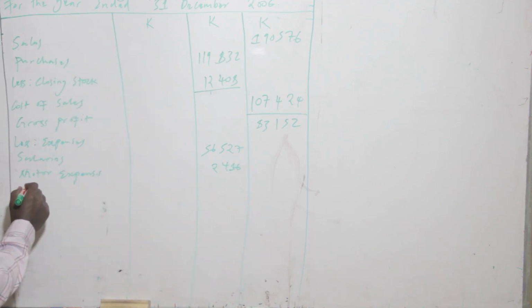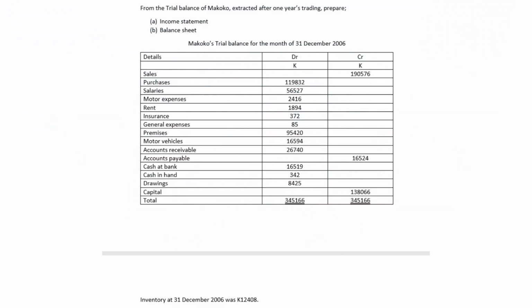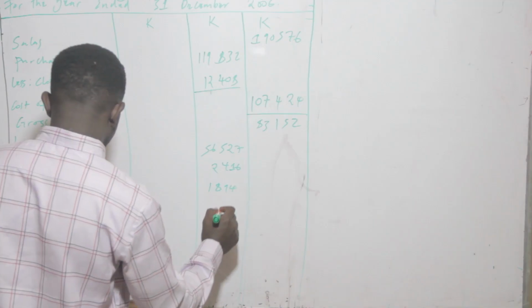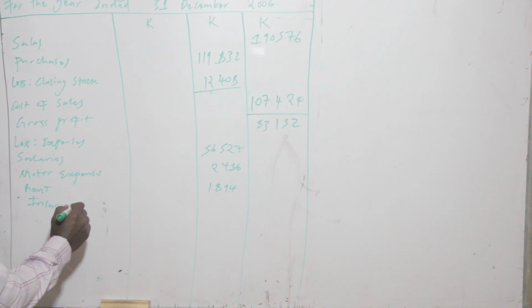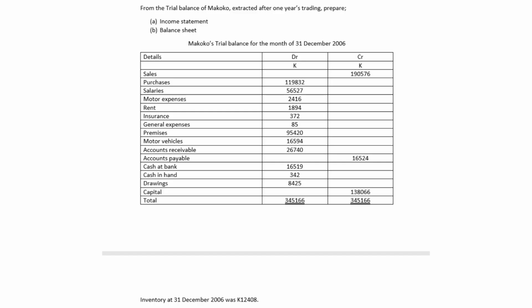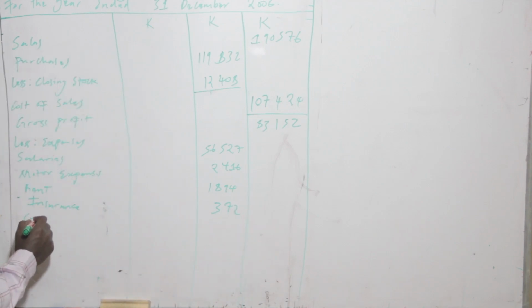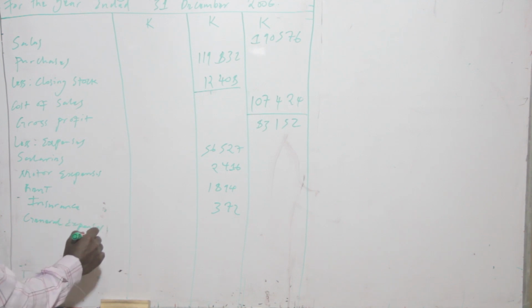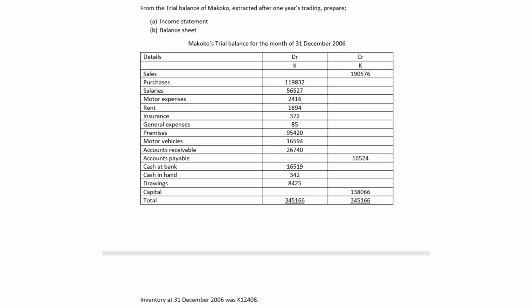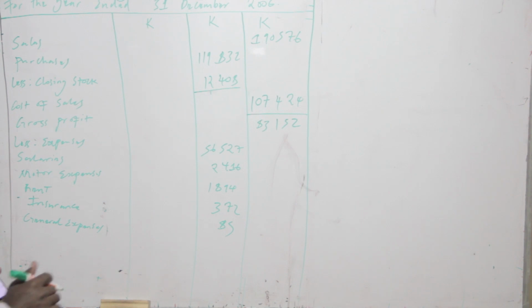Then we have rent amounting to 1,894. Then we have insurance amounting to 372. Then we have general expenses amounting to 85. And looking at the items that we have been given, these are the only expenses.